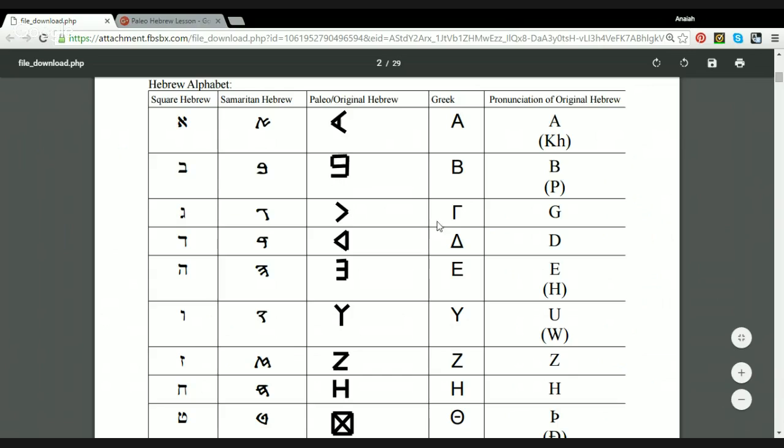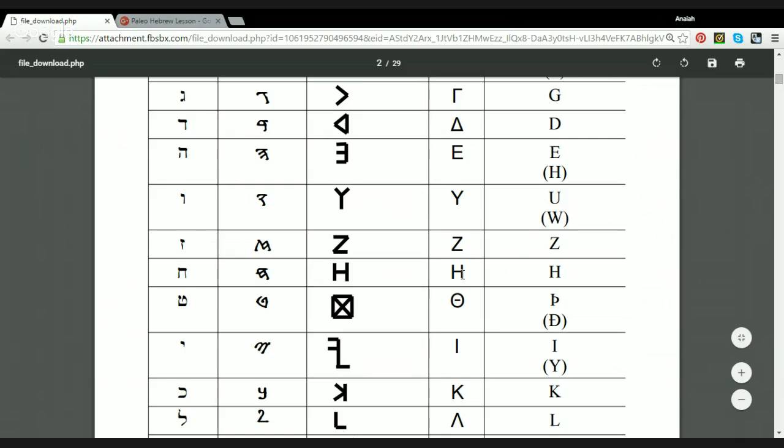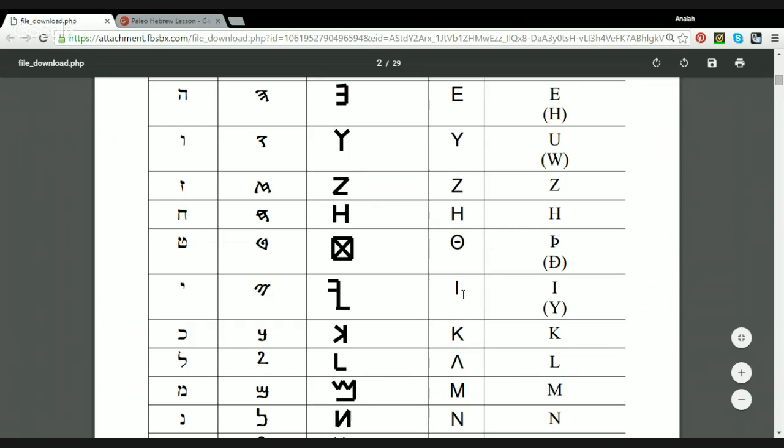It looks just like that. The delta, that's the epsilon, upsilon. This is zeta. That's Zayin. Het. This is heta, and that's het. Theta, thet. And this is, I forgot the Greek for that.